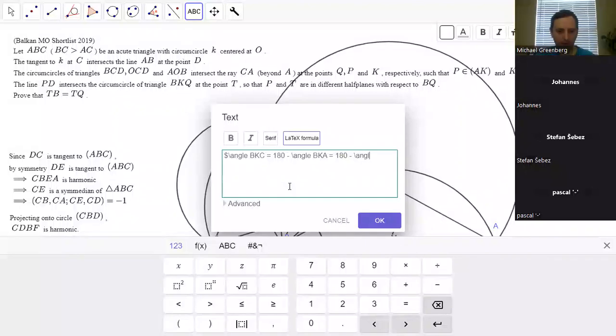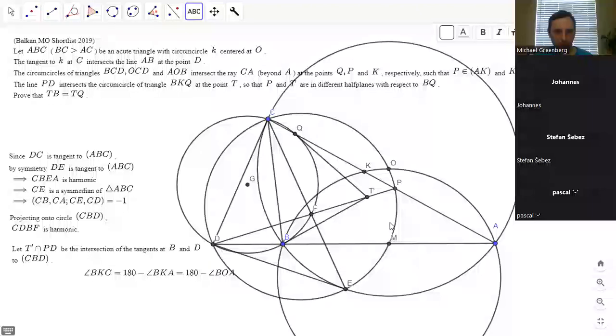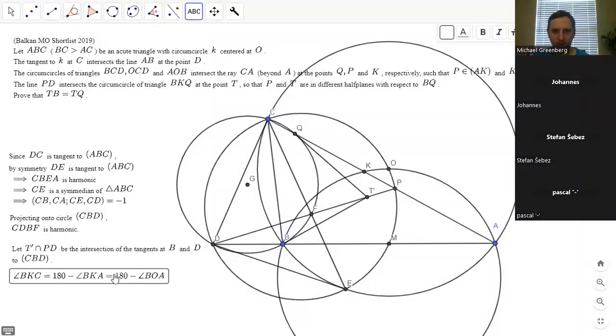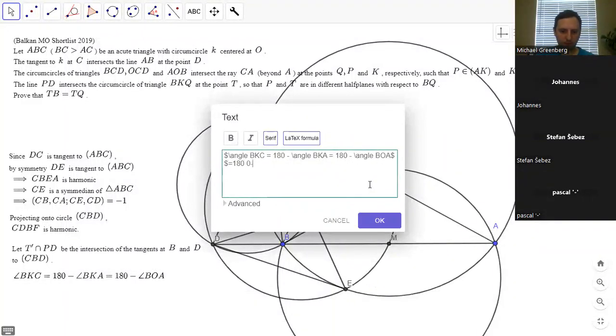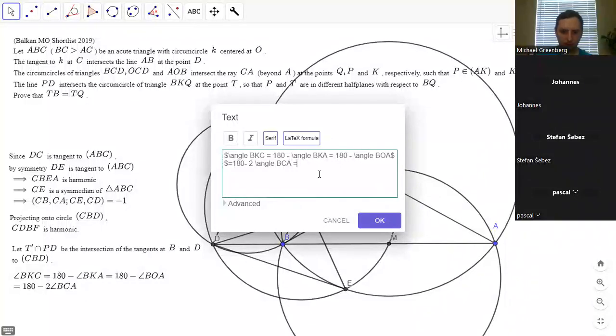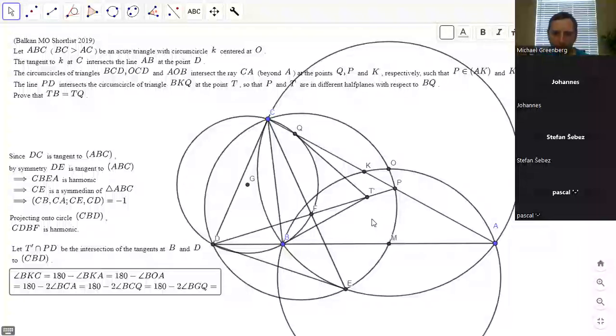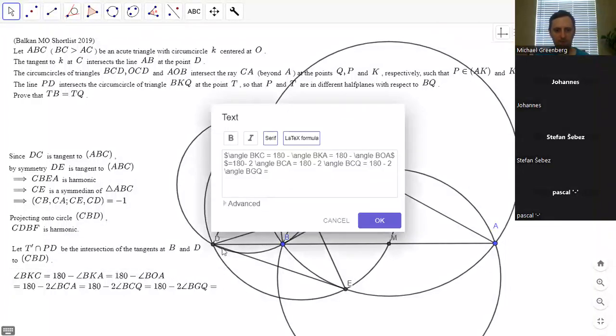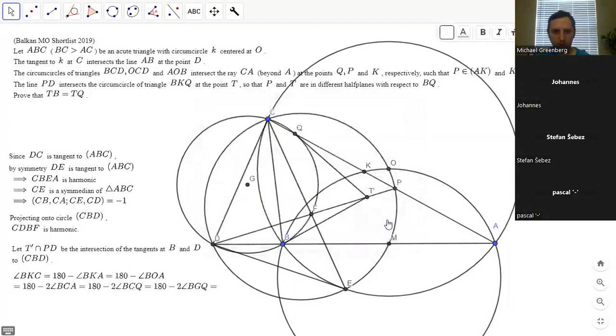This is 180 minus angle BOA. So we have this, which is 180 minus twice BCA, which is 180 minus twice BCQ, which is 180 minus 2 angle BGQ, which is angle BT prime Q.